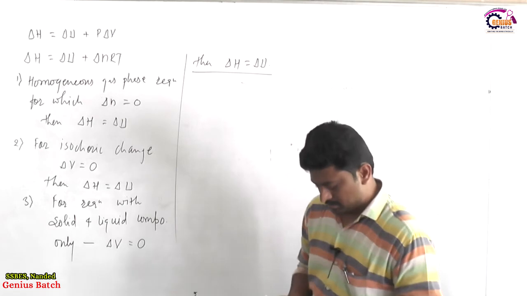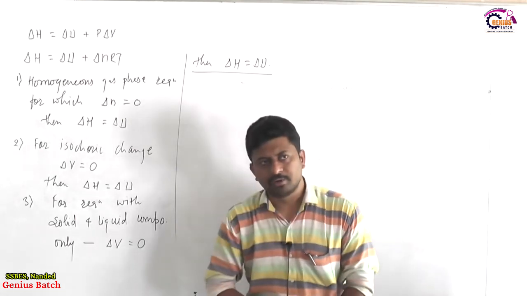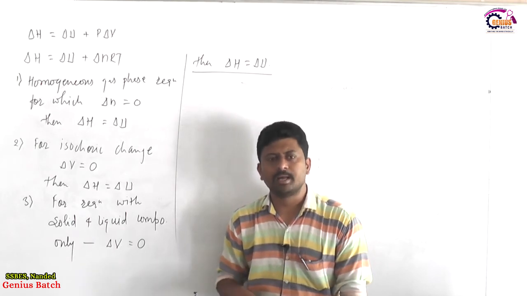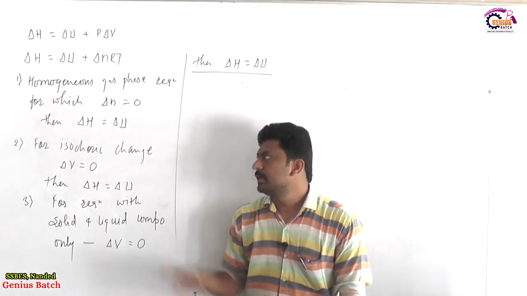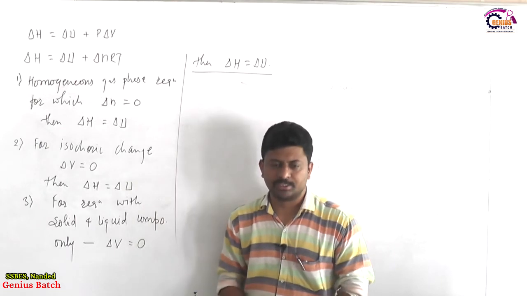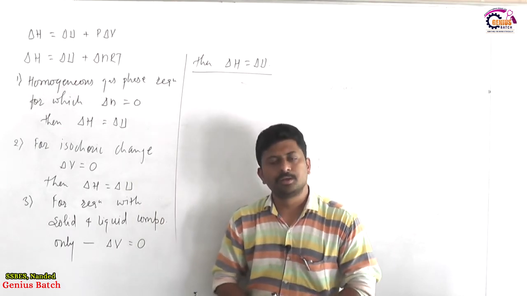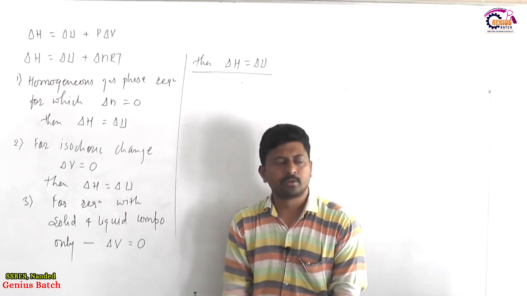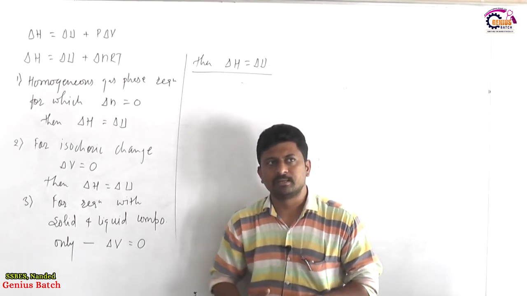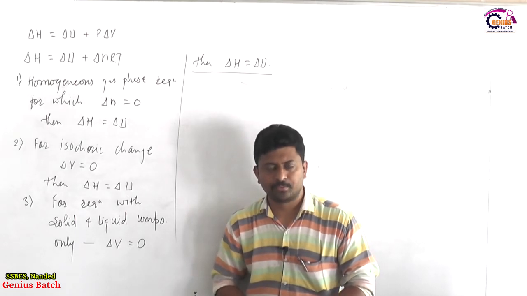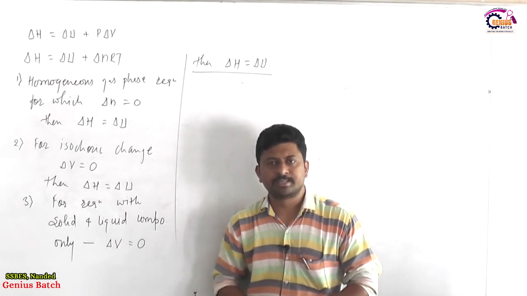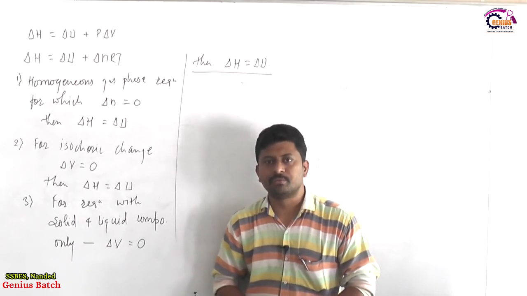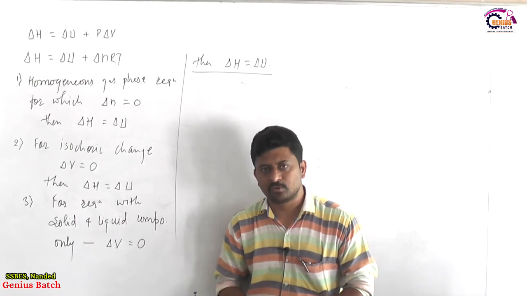So in all, wherever delta n or delta V is 0 by any reason, by any means, in that case the enthalpy change and internal energy change become equal to each other. Delta H is equal to delta U. Conventionally we also stated that delta H is a QP value, heat exchanged at constant pressure, and delta U is a QV value, heat exchanged at constant volume.